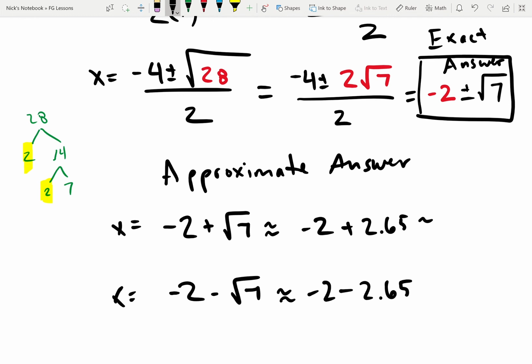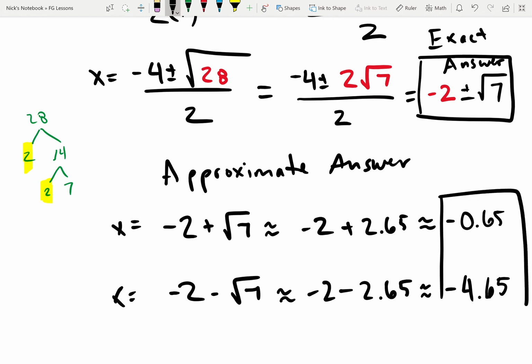Negative 2 minus 2.65 is negative 4.65. These are our approximate answers.